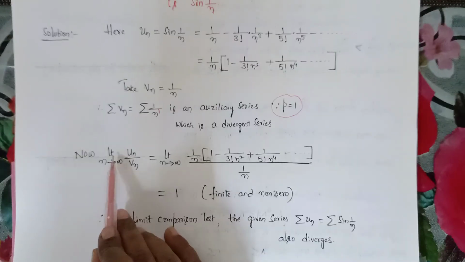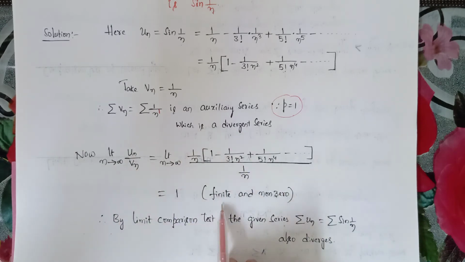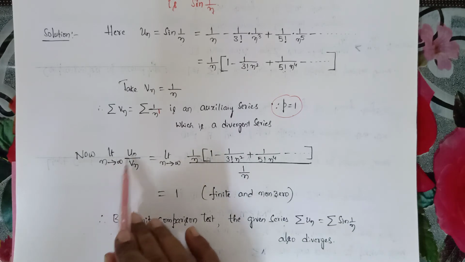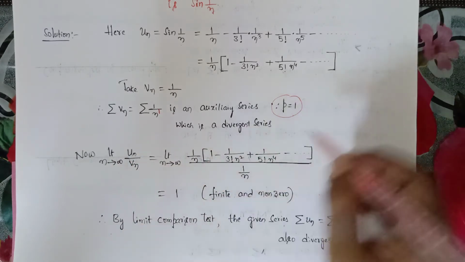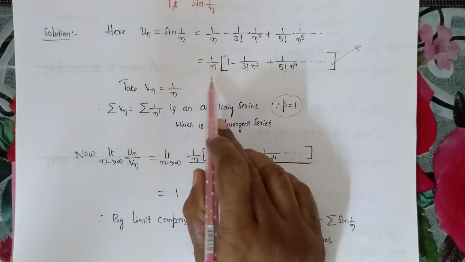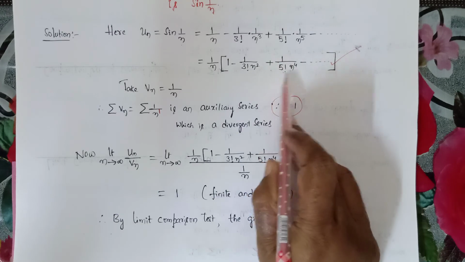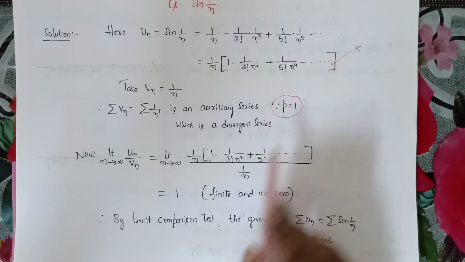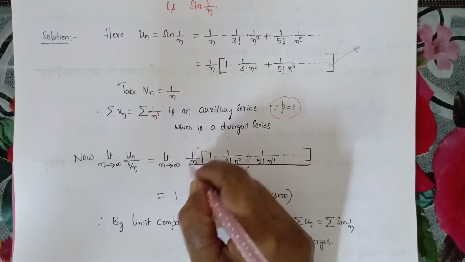Now we test whether limit n tends to infinity un by vn is a finite and non-zero quantity or not. Limit n tends to infinity un by vn equals limit of 1 by n into 1 minus 1 by 3 factorial n square plus 1 by 5 factorial n power 4 minus and so on, by 1 by n. We cancel 1 by n.